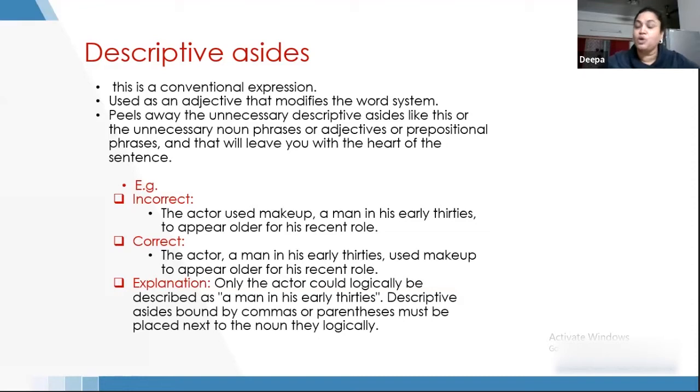Descriptive asides bound by commas or parentheses must be placed next to the noun they logically describe. Okay, so now here a man in his early 30s, I have put in commas. It can also be used in parentheses. You could be using the brackets. We will learn about parenthetical and non-parenthetical elements in our next session. Today we are going to learn more about this.